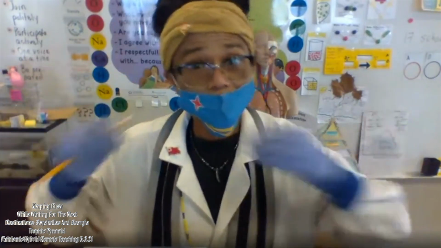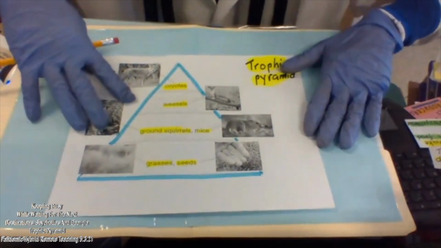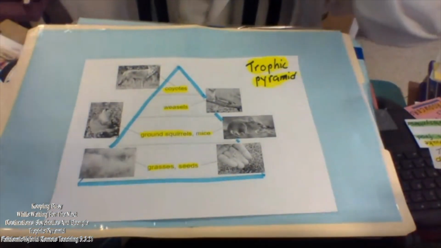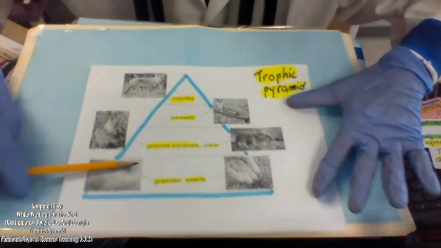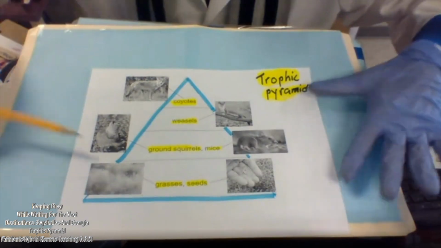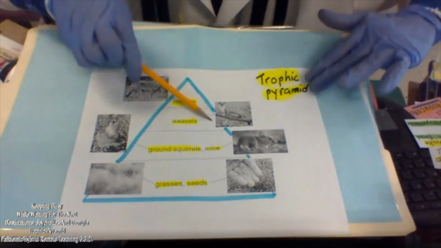Let's become familiar with the organisms in the pyramid. All right, everybody, please, including Emily, who was the last one who participated. I'll point using the pencil, and please tell me what animal or plant I am pointing at. What about this?